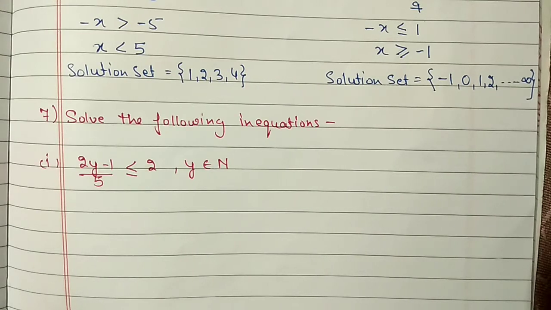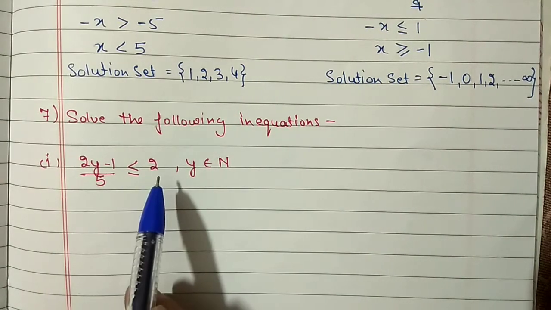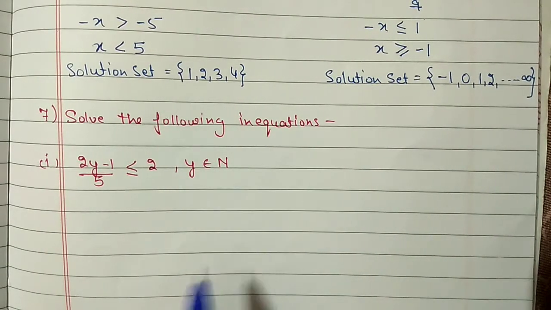Next question number 7, solve the following inequation. First part, 2y minus 1 divided by 5 less than equal to 2 and y is here natural number.